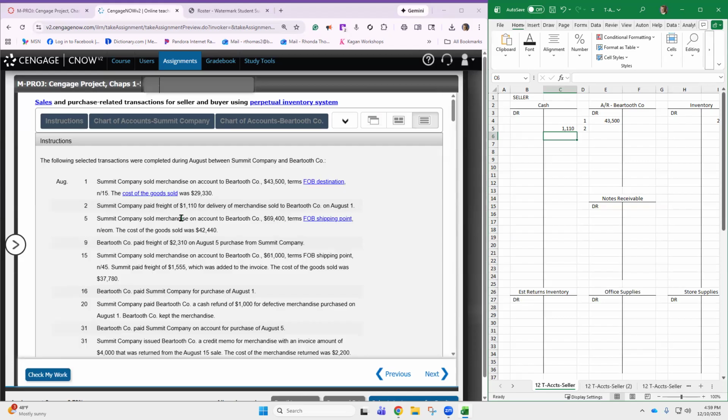Now, sometimes the seller will pay the freight that really the buyer is supposed to pay them back for. So if this would have said FOB shipping point, then Summit may have paid the freight, but they would have turned around and added that freight amount to the invoice of Beartooth, so that Beartooth would pay them back.